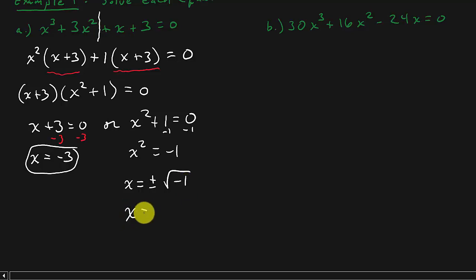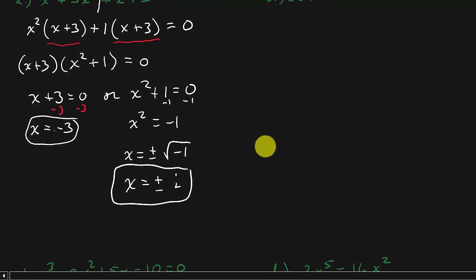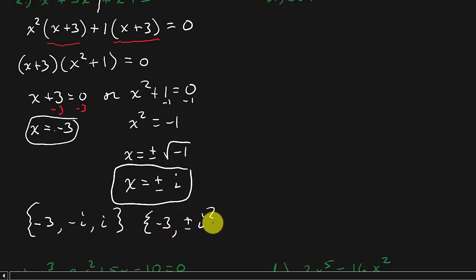And the square root of negative 1 is i. And there, I get 3 solutions. So we could actually write them out: negative 3, negative i, and i. And if you wanted to, you could write it negative 3 plus or minus i. Any of them is fine.